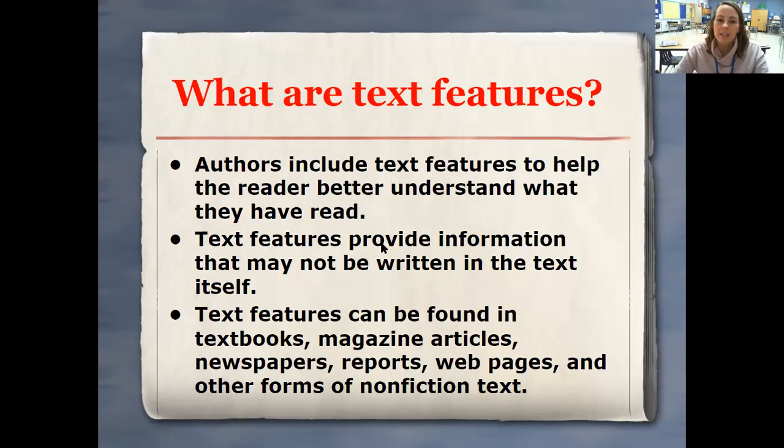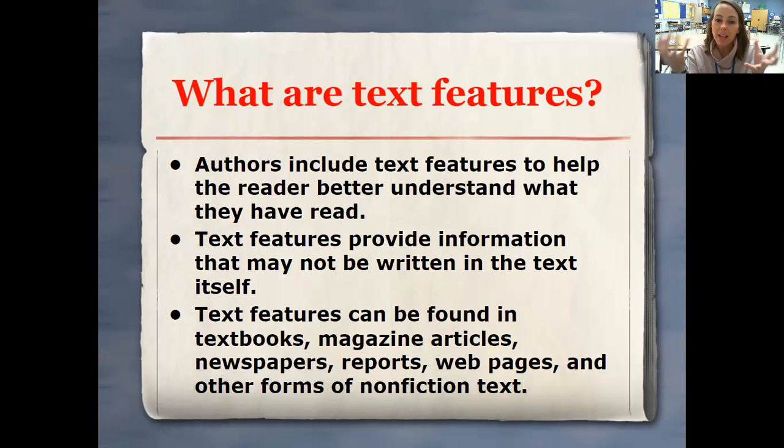So what are text features? Authors include text features to help the reader better understand what they have read. Text features provide information that may not be written in the text itself. So if you see a little box on the side or you see a picture with some words underneath, if you don't look at all of those different parts of the text, you're going to miss out on some important information, okay?